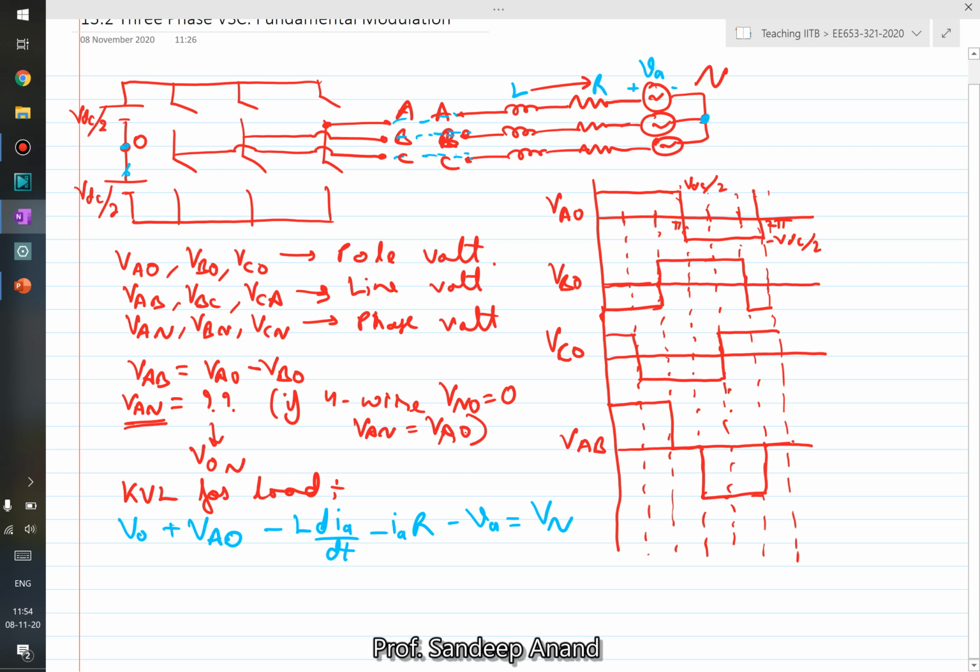I've reached this point N. So this is Kirchhoff's voltage law starting from point O going till point N. We started with the potential of O and gone till the potential of N.